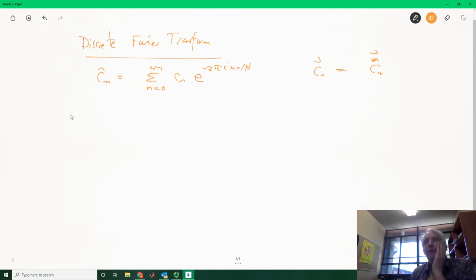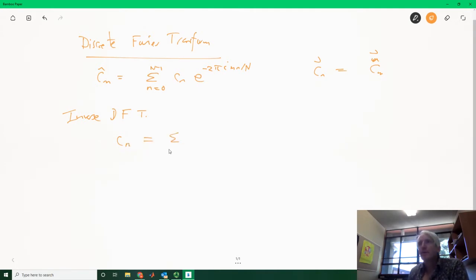And the inverse discrete Fourier transform is almost identical. So we go back, so that combined together, you end up back where you started.